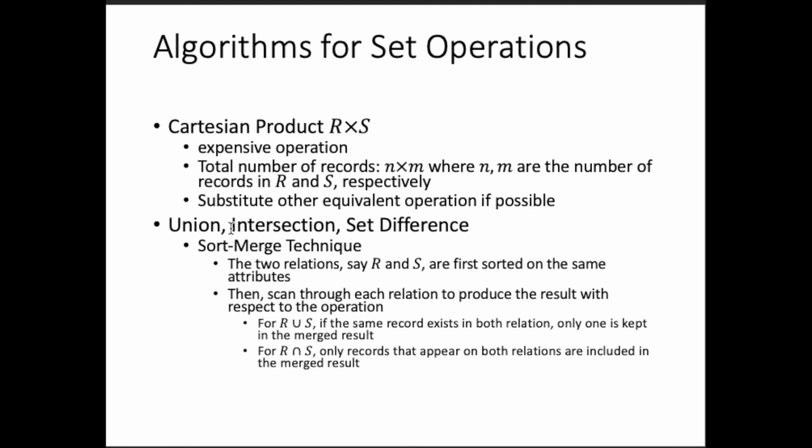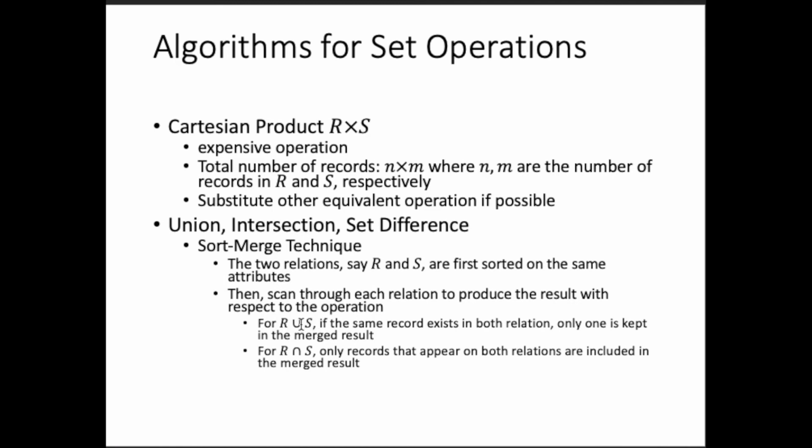Ano pa? For the union, intersection, and set difference, ang ginagamit mostly is the sort merge technique. The 2 relations must be sorted with respect to the attributes that are necessary for joining, and then yung linear scan will differ depende kung ano yung need natin.